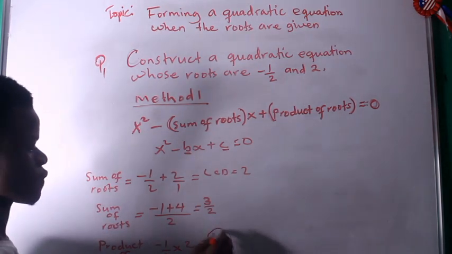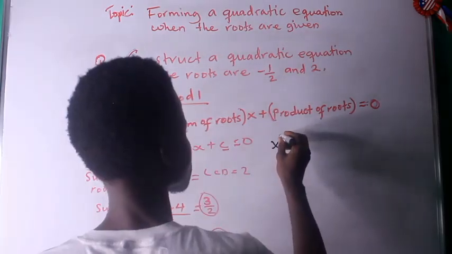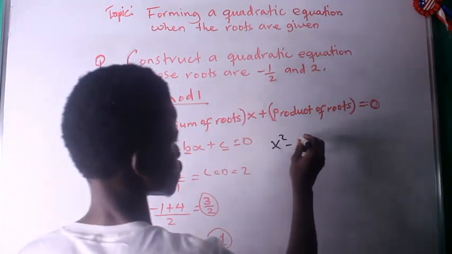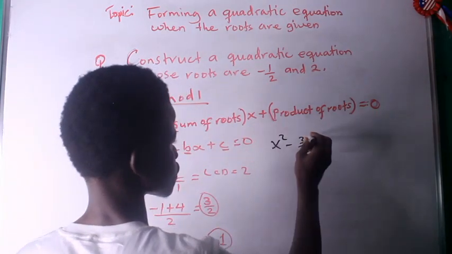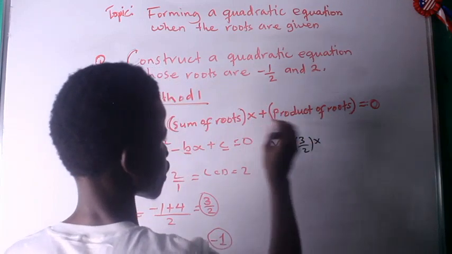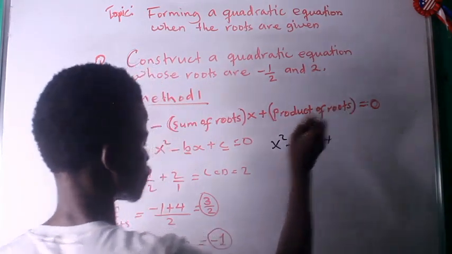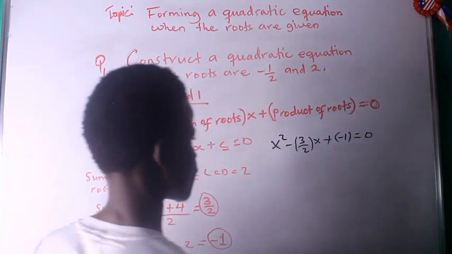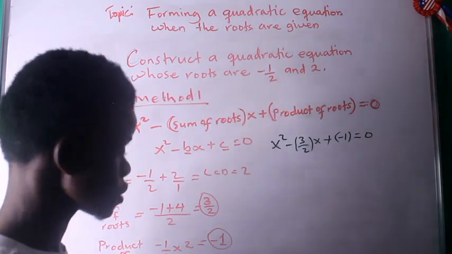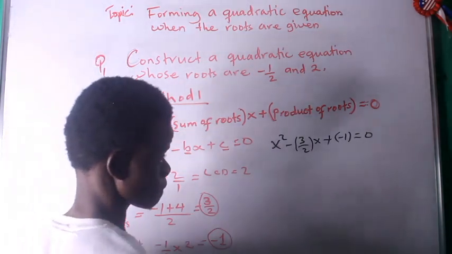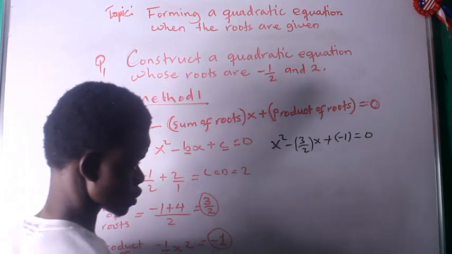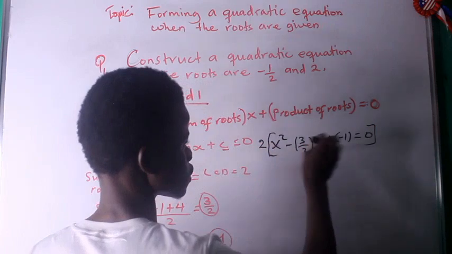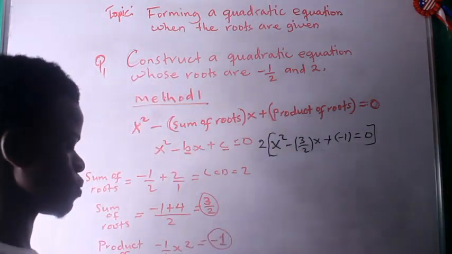Now we have these values: x squared minus the sum, which is 3 over 2, times x, plus the product of the roots, which we found to be minus 1, equals 0. Since we have 2 in the denominator, we multiply the entirety by 2 to get rid of the denominators.